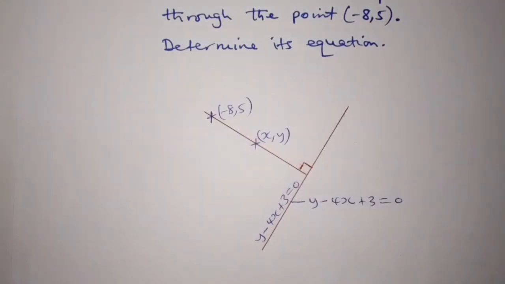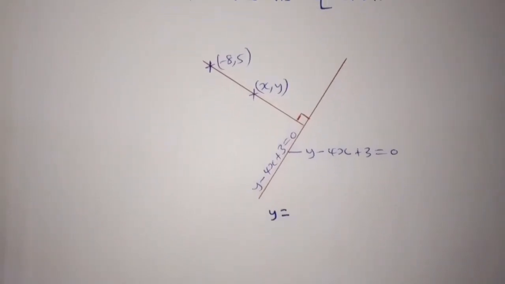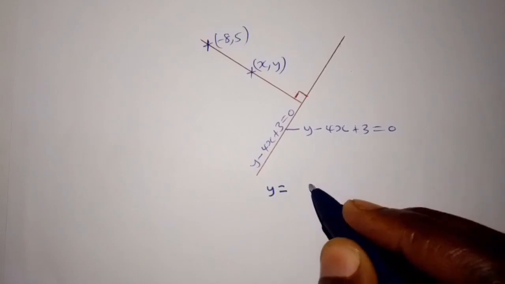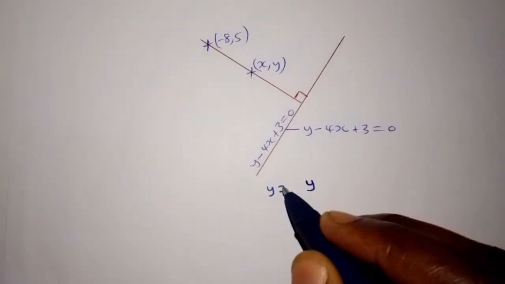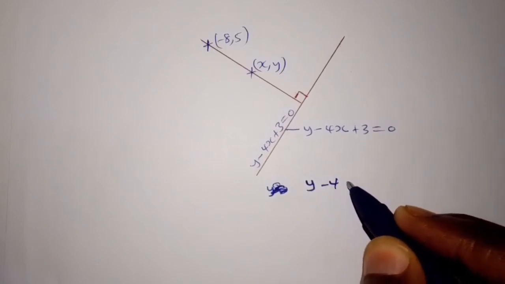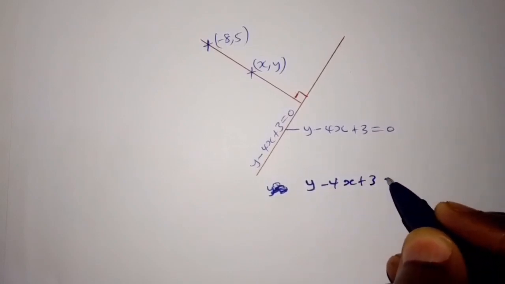Now this equation we are given is y minus 4x plus 3 equal to 0.